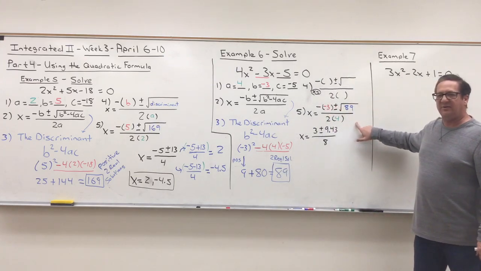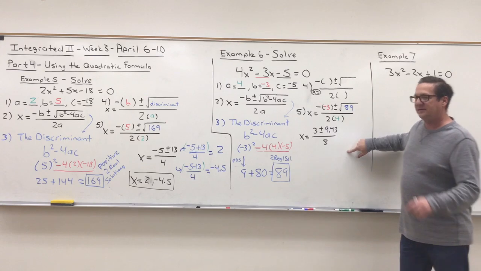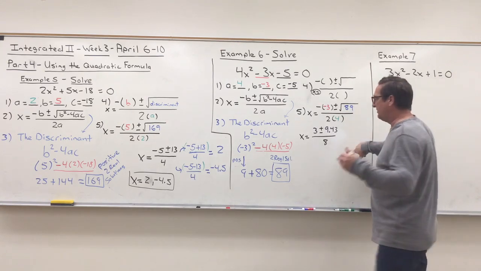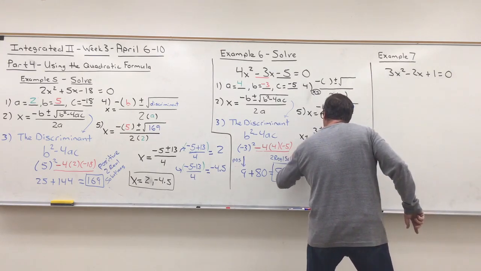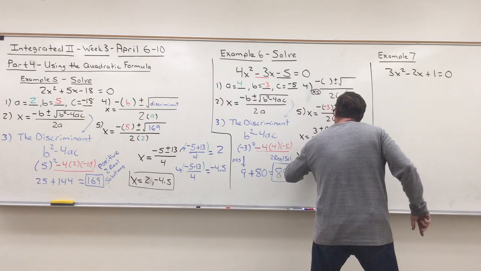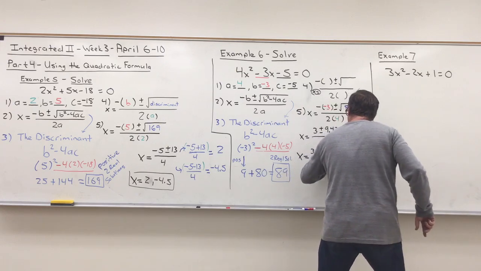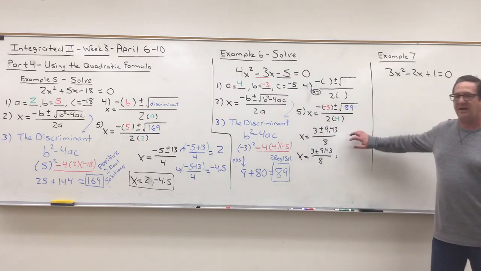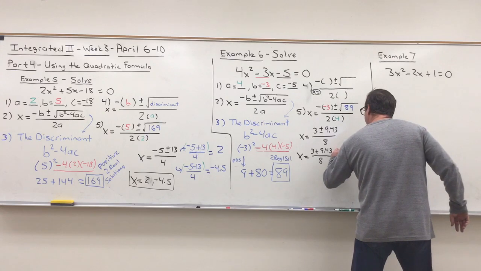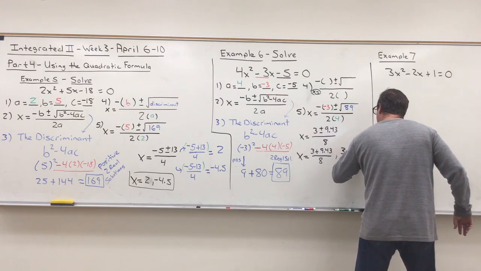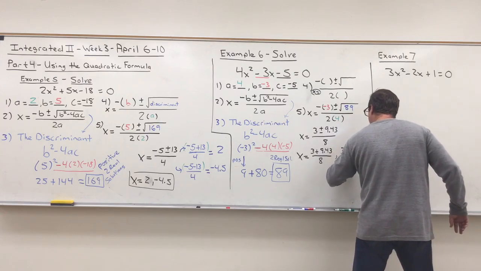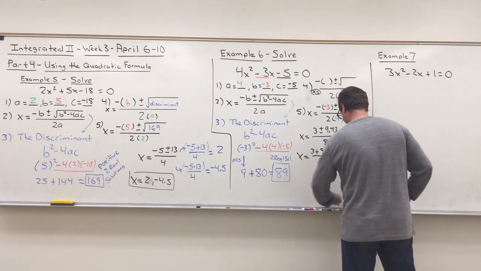Now, last time I did the arrows here, one with the plus, one with the minus. If you're comfortable and you want to do it this way, you can do this. X equals 3 plus 9.43 over 8. You might like this better. And 3 minus 9.43 over 8.